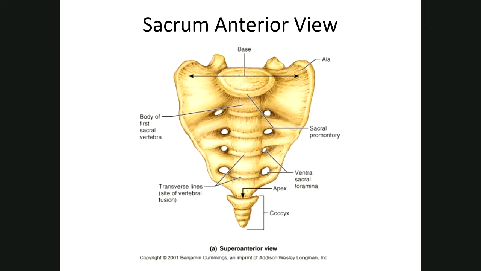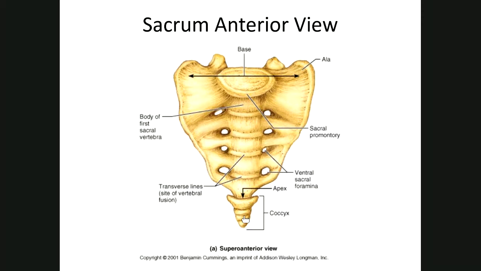Here's your sacrum. Remember, it was 1, 2, 3, 4, 5 fused vertebrae, and there's your transverse fusion lines there. It holds them together, and it makes this structure that we call the sacrum. Okay, and I have one slide that shows how this is going to fit, and there's your coccyx down here.